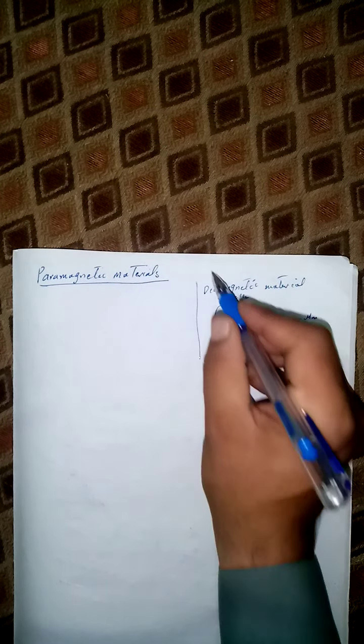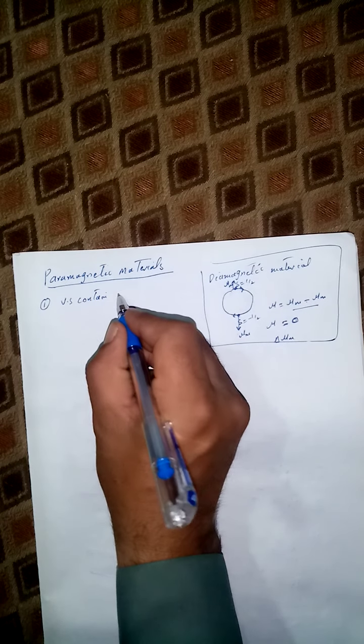Now, paramagnetic materials are those materials whose valence shell contains unpaired electrons.